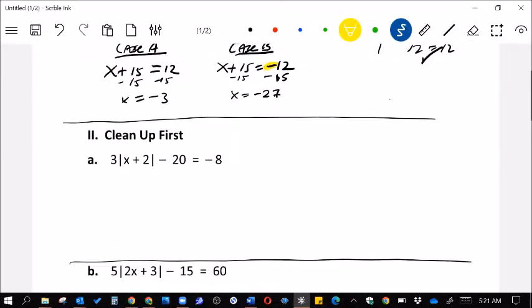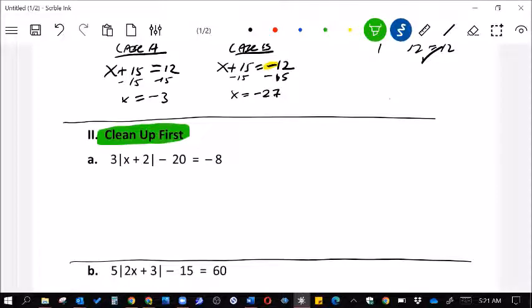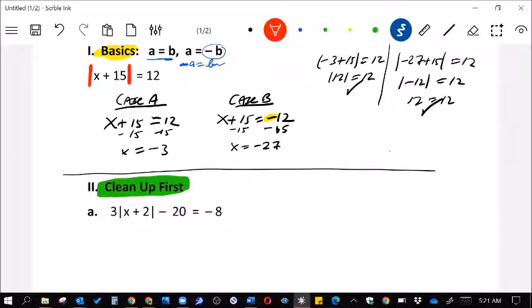That's the yellow. Here is a big, big issue. Clean it up first. Because notice in this one over here, the absolute value is by itself, or isolated.